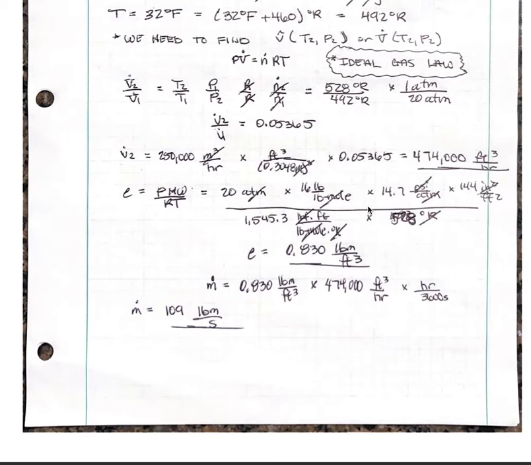Your R value that you need to use here is 1,545.3, and times 528. That's 528. I made a mistake though. So I get a density of 0.830 pound mass per feet cubed.